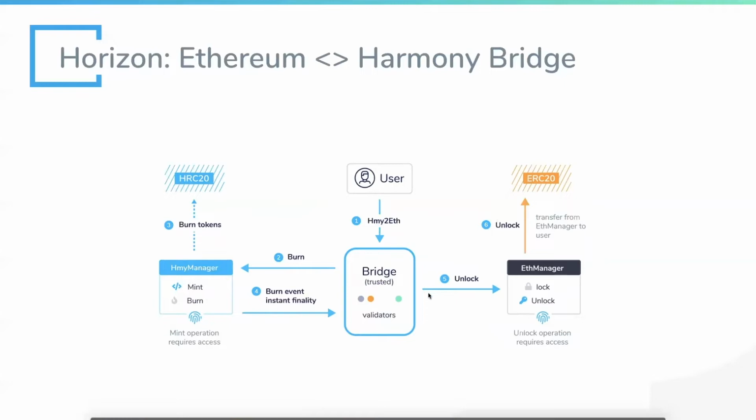And they're going to make an unlock request to the Ethereum manager. The Ethereum manager, after receiving enough requests from the validators, is going to unlock the tokens, where it's basically going to transfer the tokens that are held in the Ethereum manager back to the user. So that is the flow.